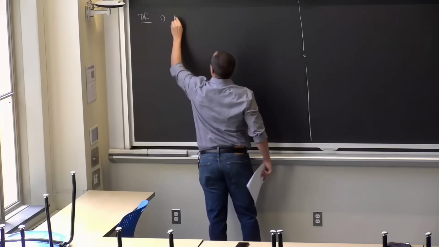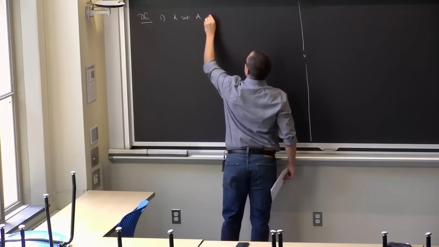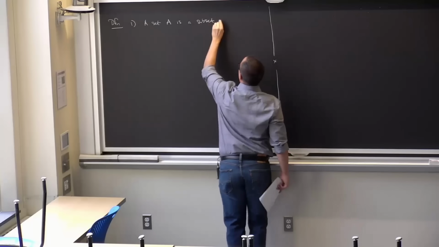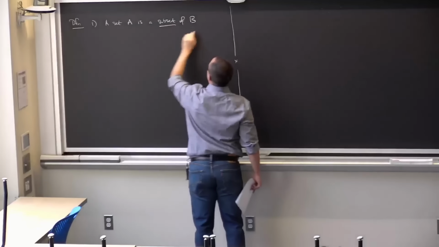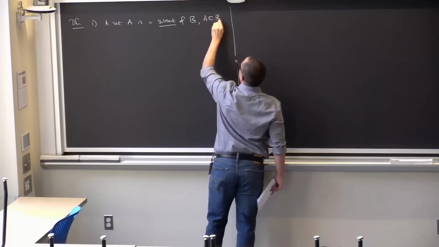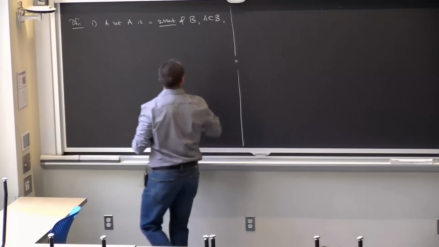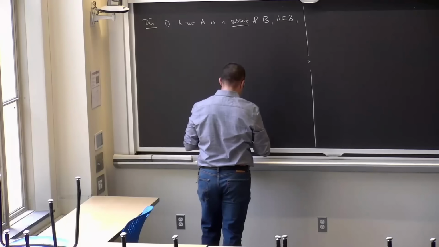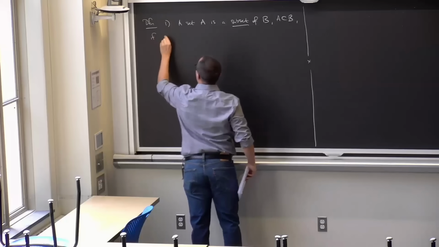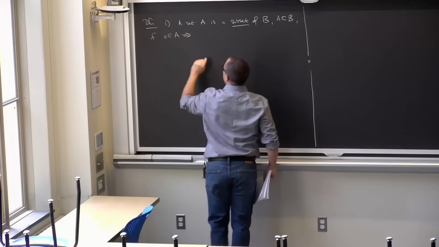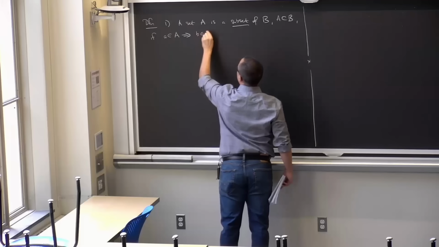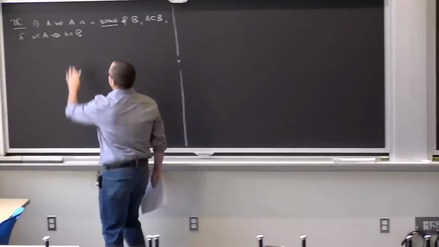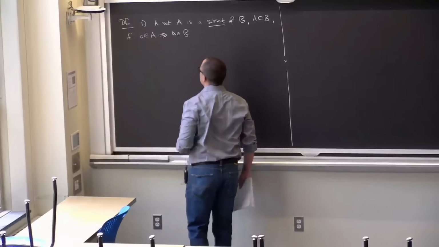Another definition: a set A is a subset of B, which we write A, this little symbol that looks like a C, B, if every element in A is an element in B. Okay, little a in capital A means little a is in capital B.